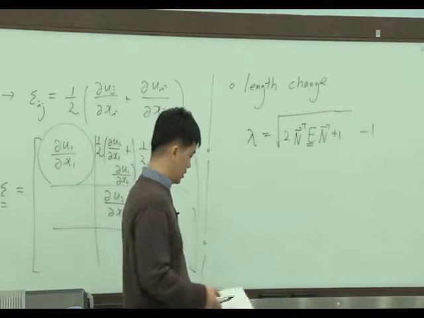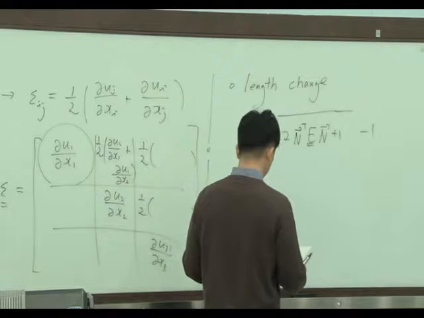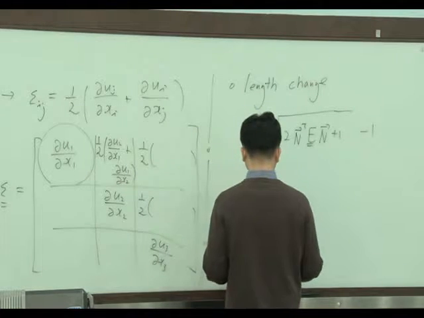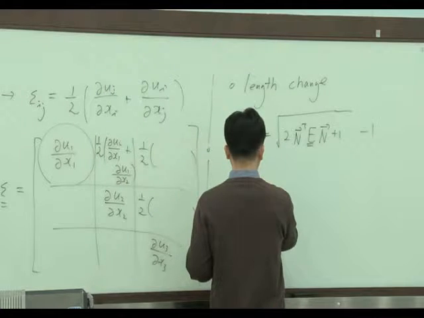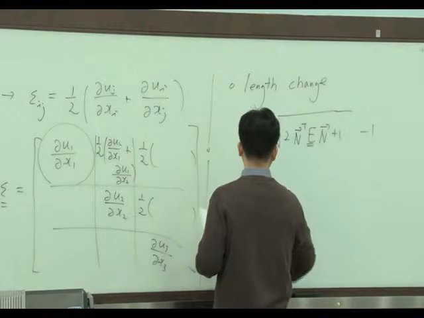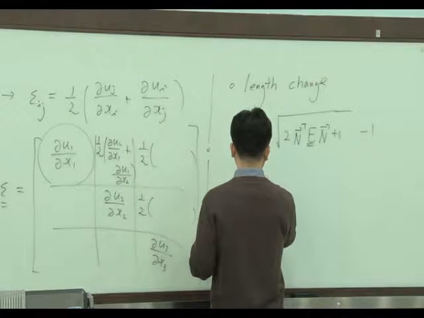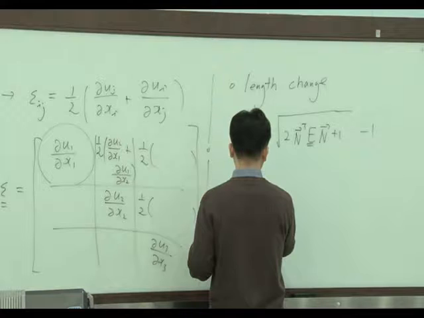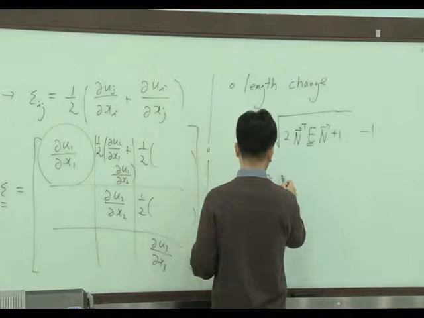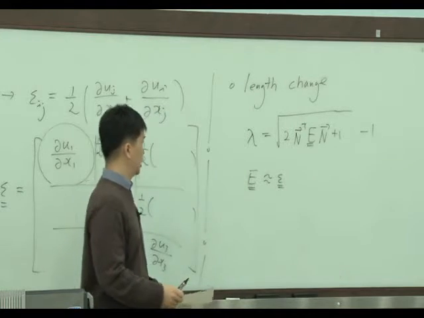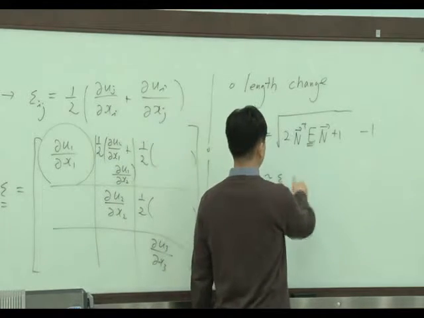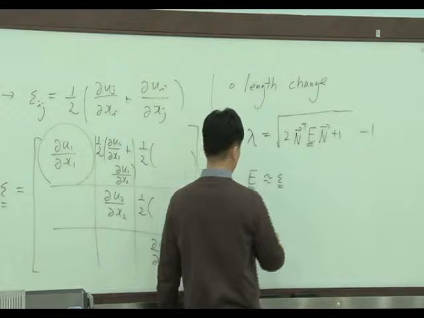Okay, then let's see what happened in this equation. First of all, because the Green-Lagrange strain tensor is linearized to the small strain tensor, let's put the small strain instead of the Green-Lagrange strain.